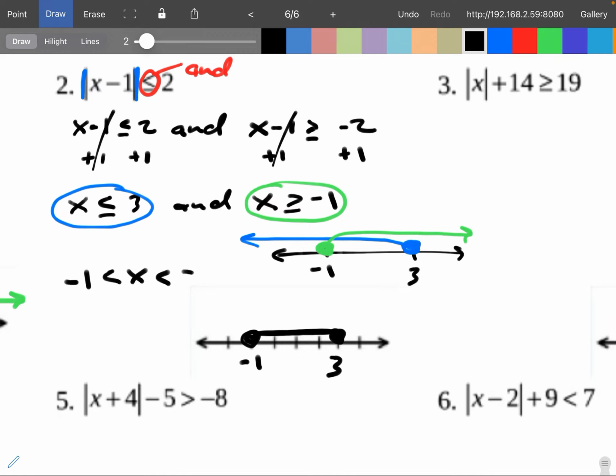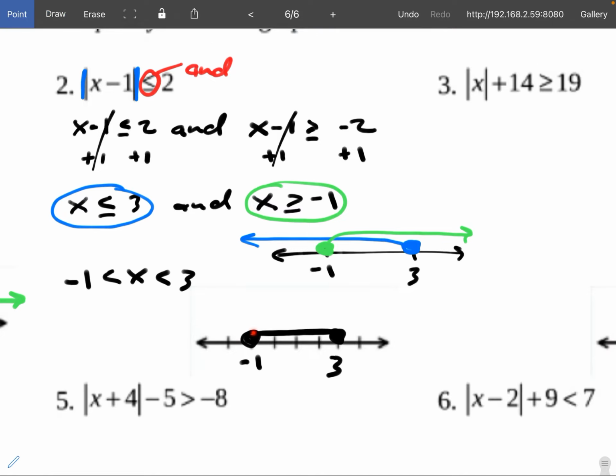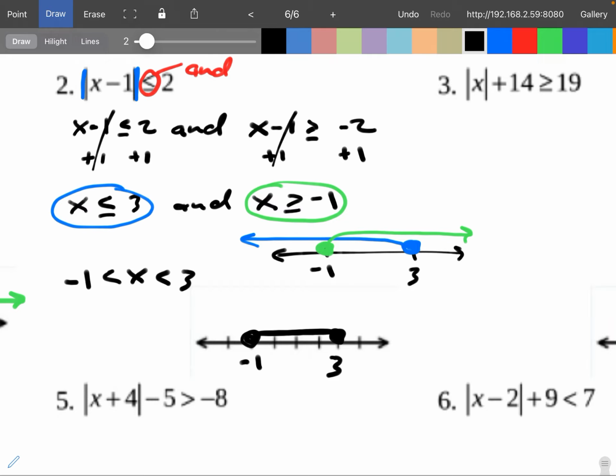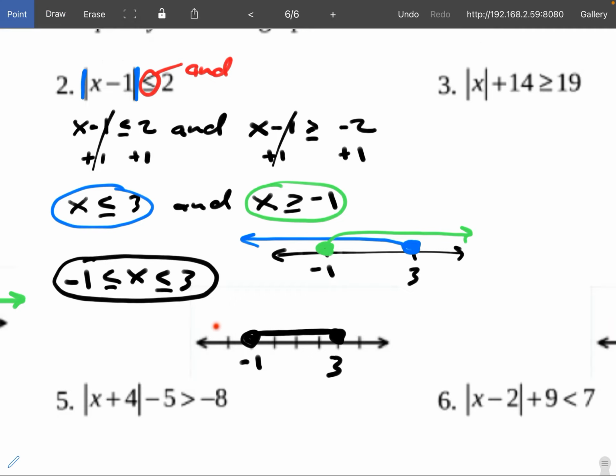And then can somebody raise their hand? Let's take a shot at how do we write that statement then? Neve? Yeah, good. And then do we need the equal to bars? Yeah, because of the solid dots, right?